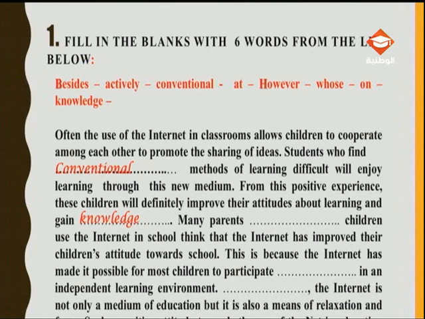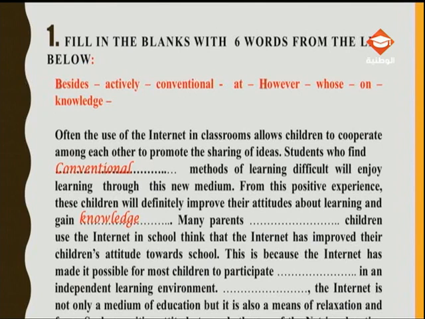Many parents, whose children use the internet in school, think that the internet has improved their children's attitude towards school. In fact, the sentence is, many parents think that the internet has improved their children's attitude towards school. What about these parents?